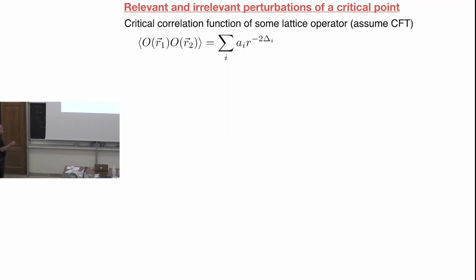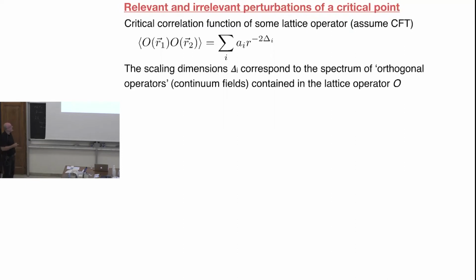So if you look at the correlation function, as we have learned in the lectures, at least for a CFT, we can write that as a sum of powers in the distance R, where these deltas are what are called the scaling dimensions that correspond to these operators in the CFT or fields.